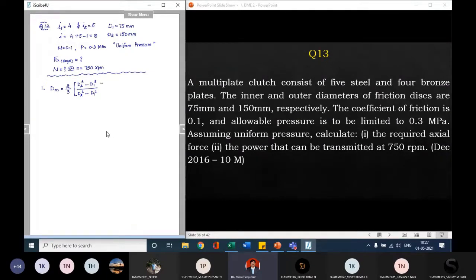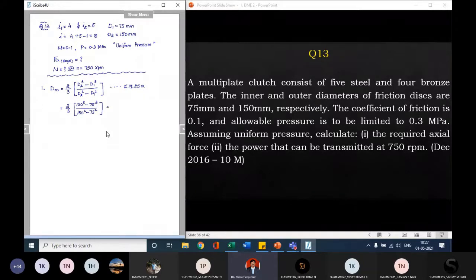This is the equation number which you need to write, equation number 19.85a. So substitute back 2 by 3, 150 cube minus 75 cube divided by 150 square minus 75 square.